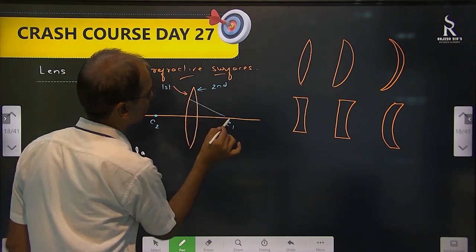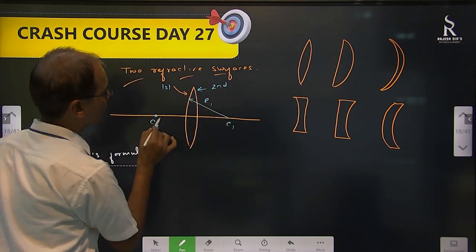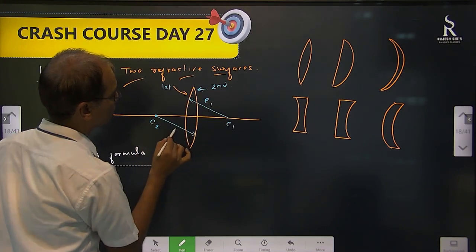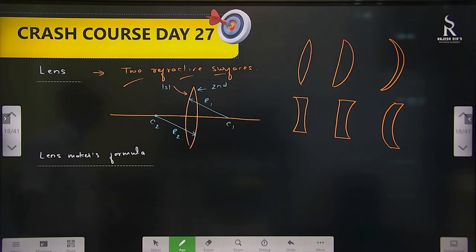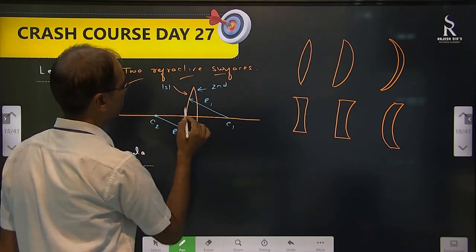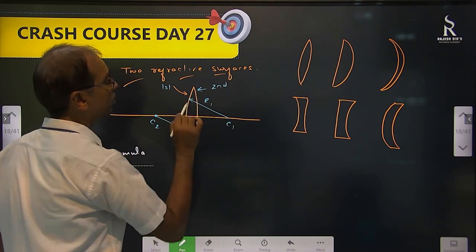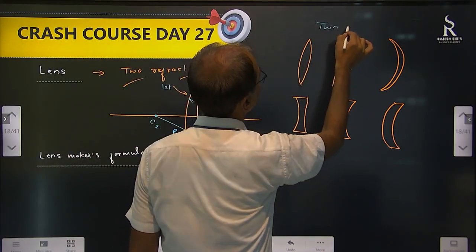This is R1 and this is R2. And we are going to talk about thin lenses mostly. What type of lenses are there? These are thin lenses.